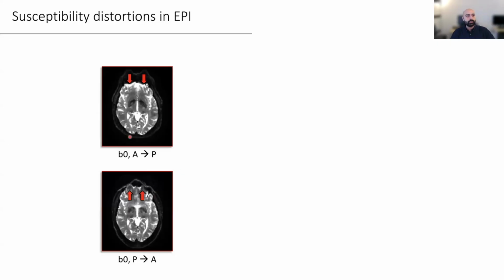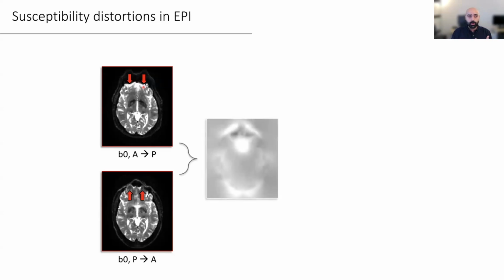The good thing is that because we can acquire pairs of images that are distorted in opposite directions, so A to P versus P to A, they experience the same amount of distortion, except that the distortion happens in a different direction. So that's great, because then we can combine the data from the two and derive the distortion field, or a displacement field, that tells us by how much things shift in every location in the image.